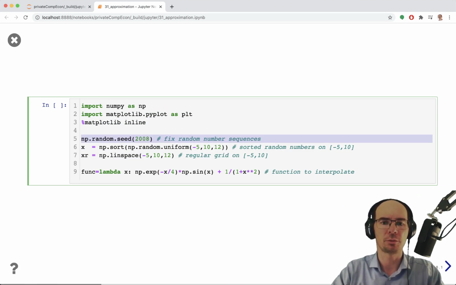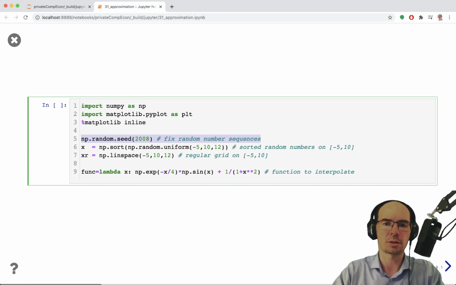It's coming in a couple of videos, but this line here just fixes the random number generator at a particular state, so that we can have repeated pseudo-random numbers to get the same cases every time we run it.